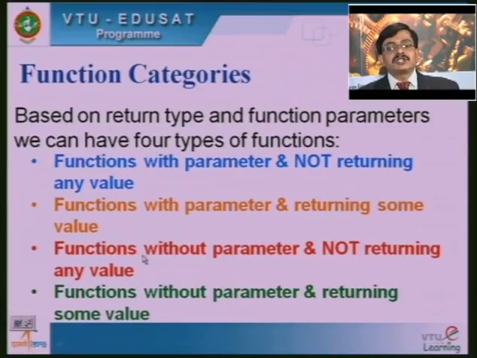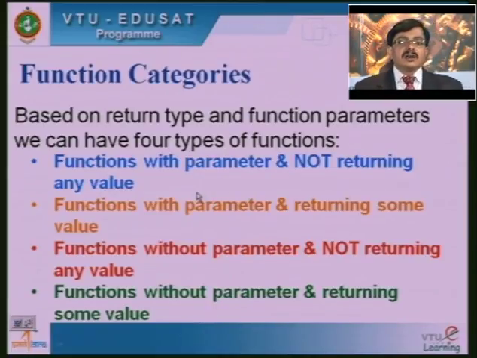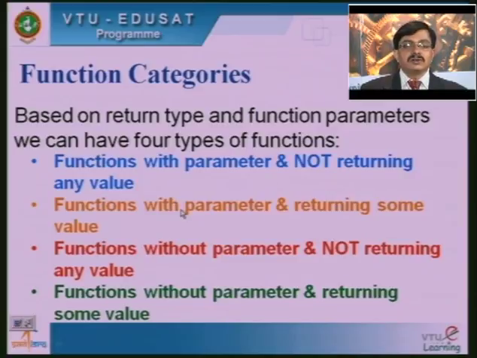In certain situations, functions may not take any parameters and also not return any value. And also in some situations a function may not take any parameter but return some valid value. So, based on the return type and the parameters the functions are taking, we can have 4 different categories of functions. We will see each one by one along with a program.